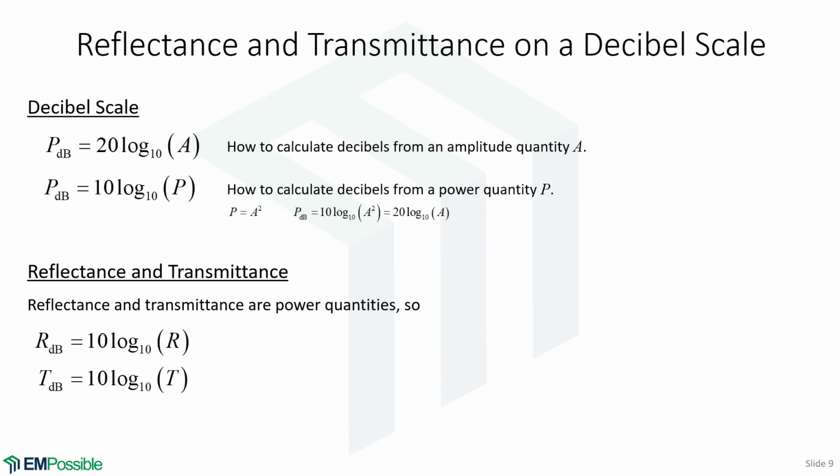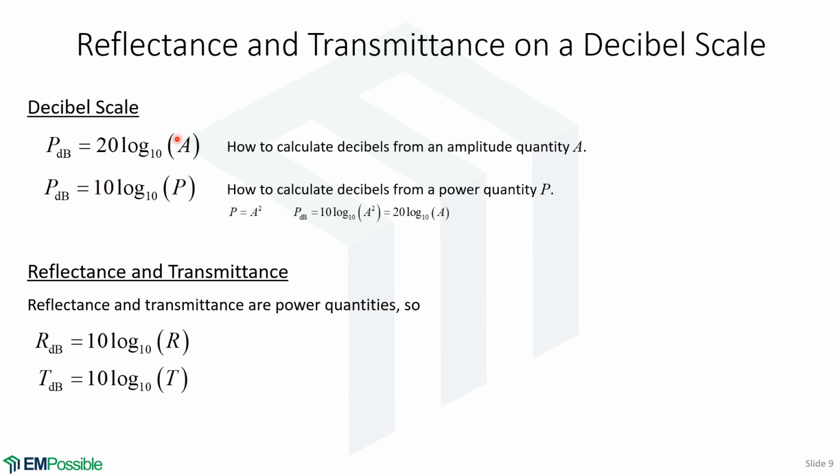Very often, we would like to put reflectance and transmittance on a decibel scale. So remember how the decibel scale works. If we have an amplitude quantity, we take the log base 10, but we multiply by 20. If we started with a power quantity, it's still log base 10, but we only multiply by 10.